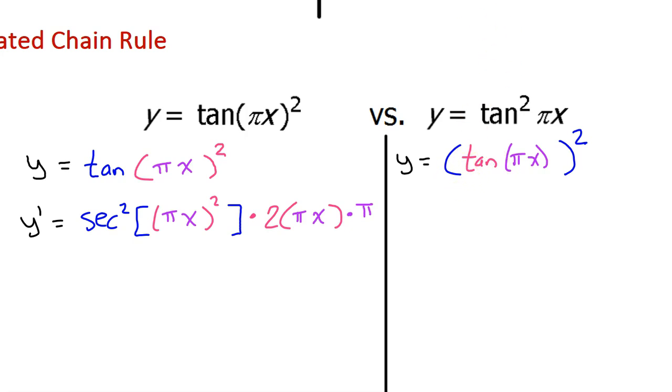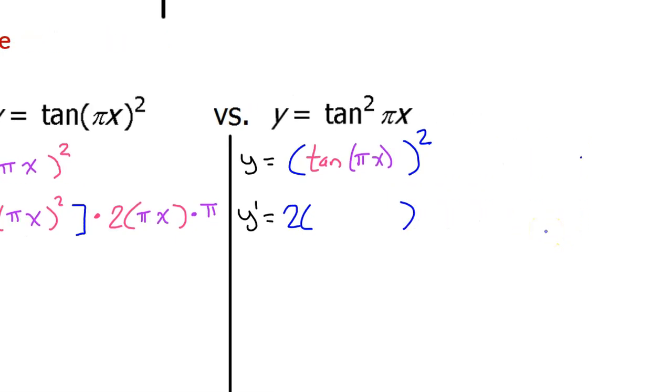So according to the chain rule, to take the derivative, first we take the derivative of the outermost function. So the 2 is going to come here to the front. Whatever you have on the inside stays the same. So we have the tangent and then the pi x.